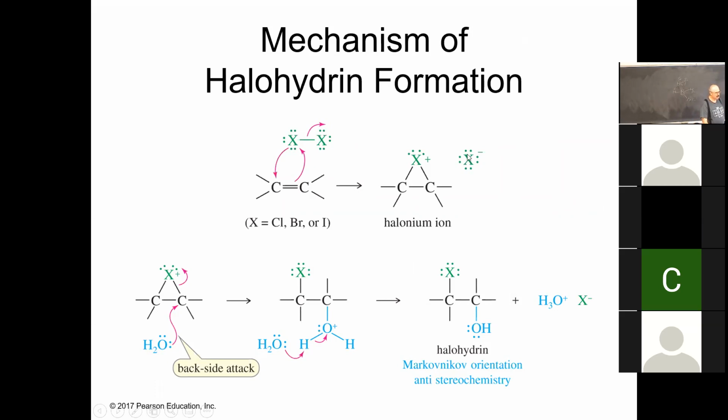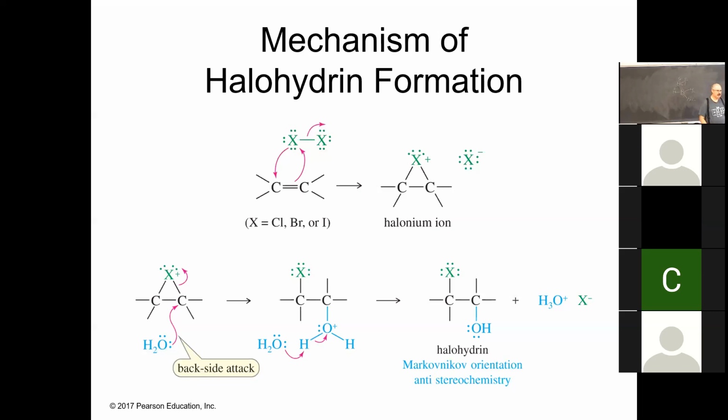Okay, why not the halide? Well, it turns out that these halogens are not very soluble in water. And so there is a very low concentration of the halide, and there's a very large amount of water molecules.